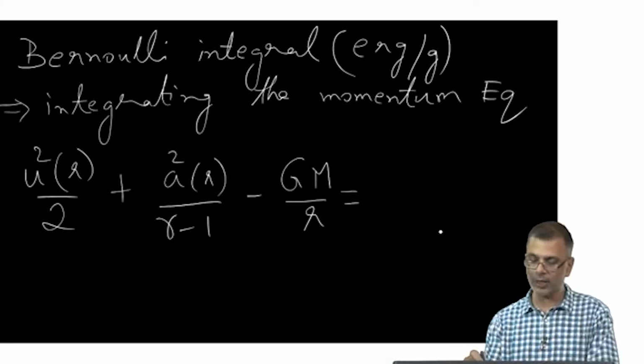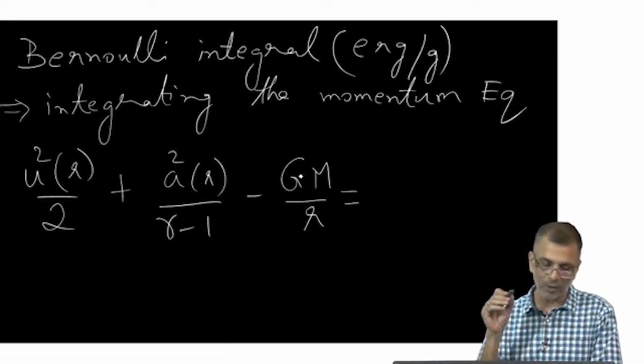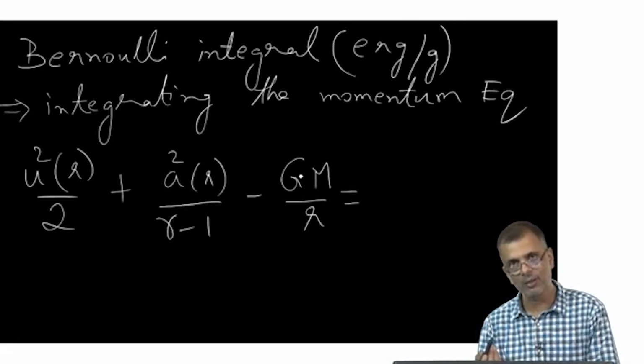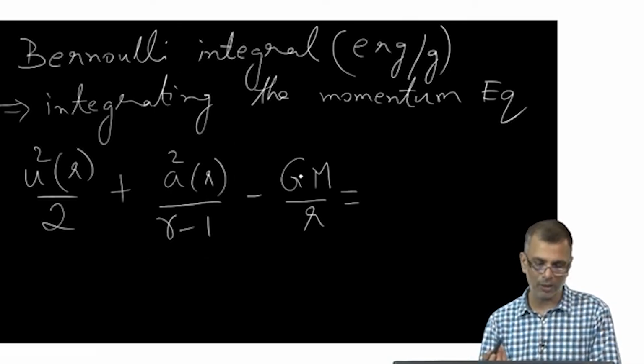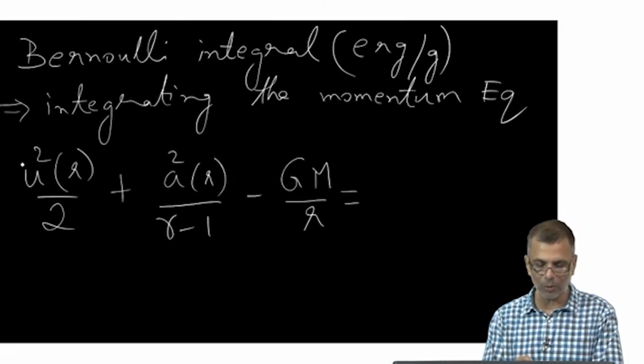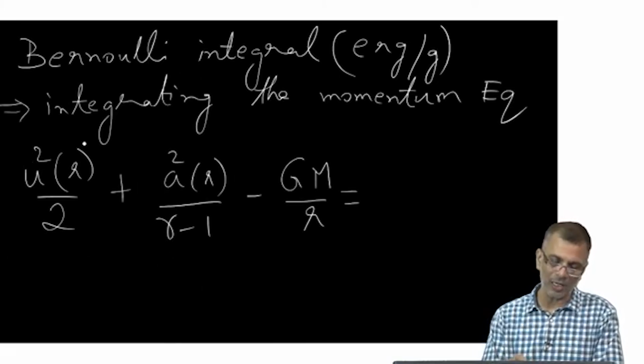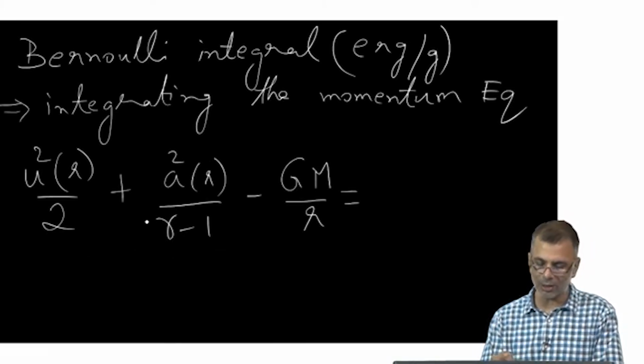Well, at infinity, the gravitational potential is essentially 0 because r is very large. And we've said that at infinity, the gas is essentially at rest. There's really no V infinity. Pardon me, I'm switching between U and V, but you get the context. So the gas is essentially at rest, and only this term survives.